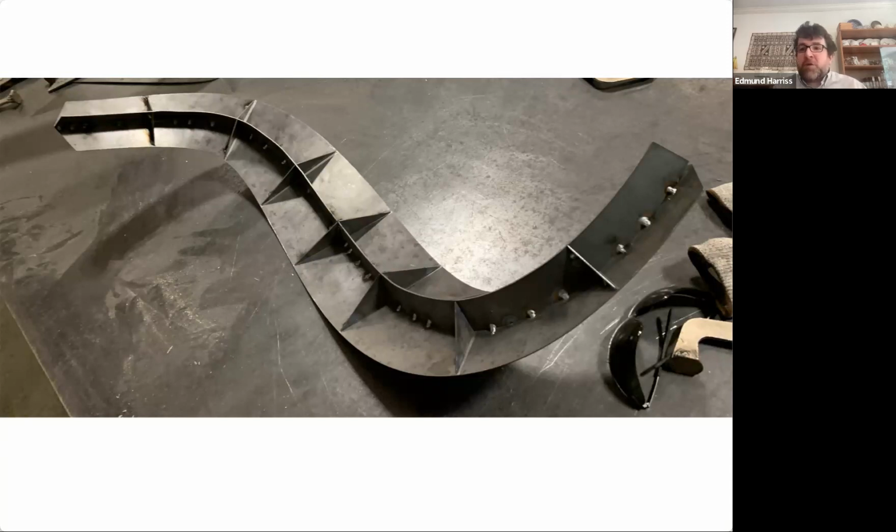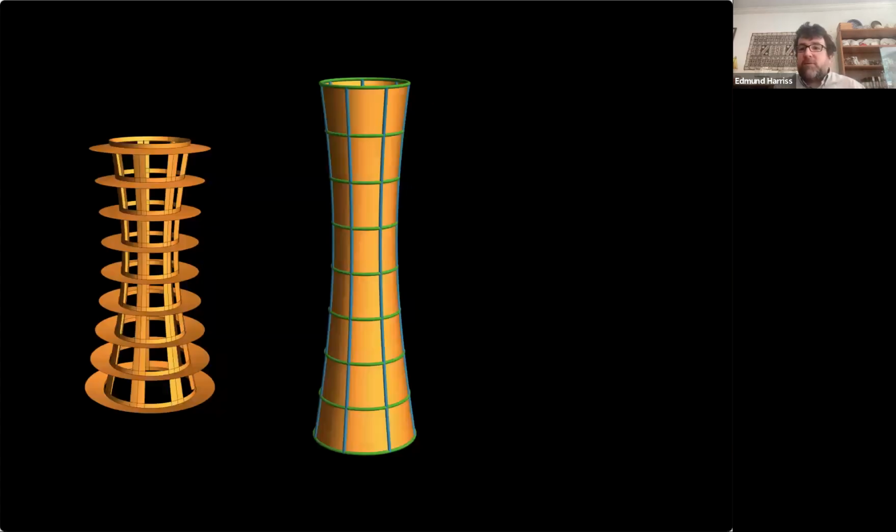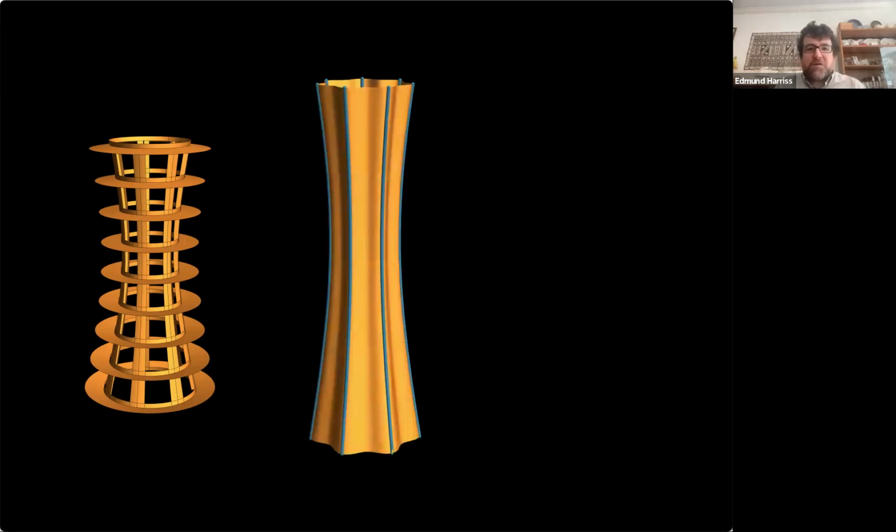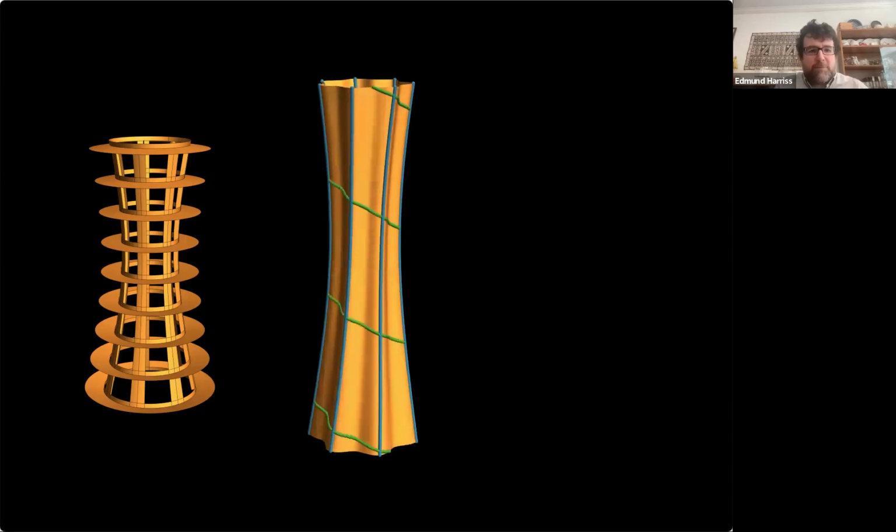And because we can use this to make arbitrary curves, we can start to think about different shapes we can make. And so this is the process of creating something that's a hyperboloid shape.